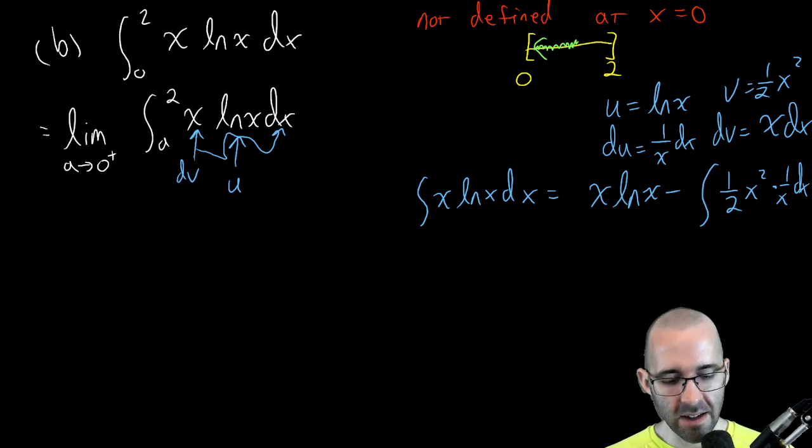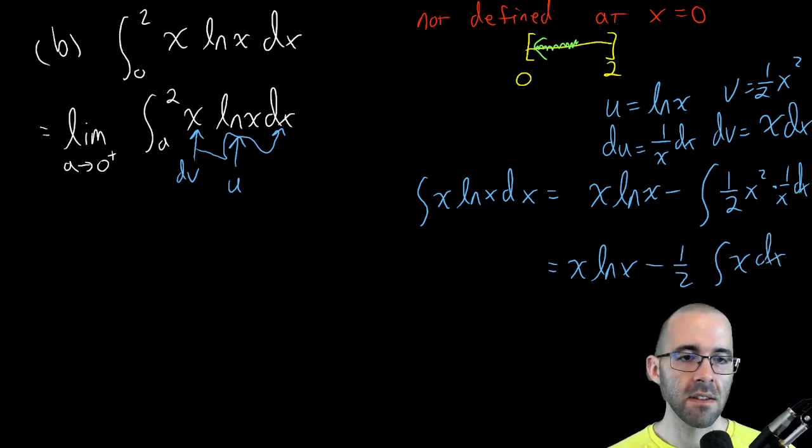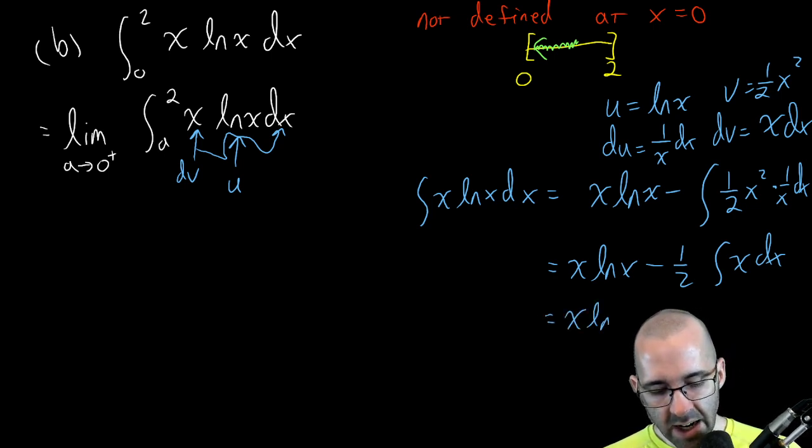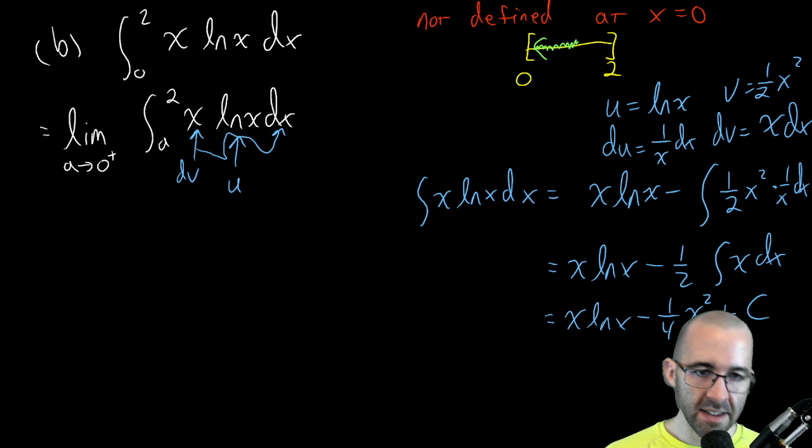And now we can evaluate this and simplify. So we get x ln x minus 1/2 integral of just x dx. That's x ln x minus 1/4 x squared, plus c.